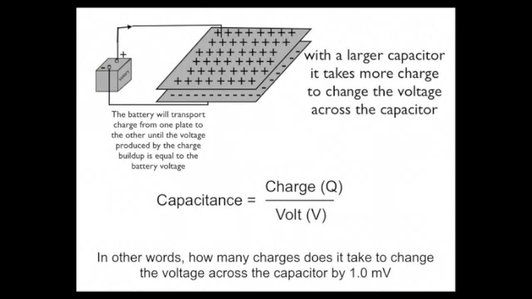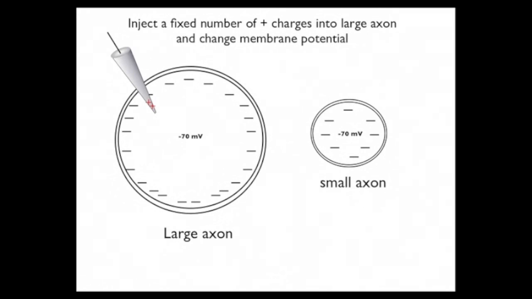That's the point. Now, I want to illustrate this by looking at a cell, an axon, and seeing how this idea of capacitance has meaning for the depolarization of an axon. So, here we have two axons, a very large one on the left and a small one on the right.